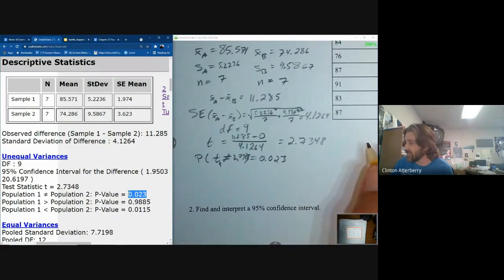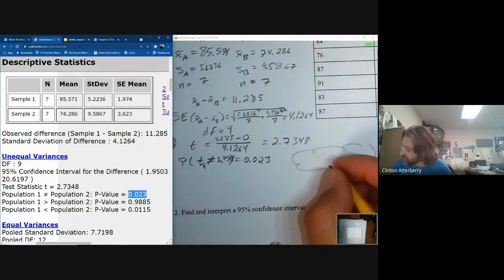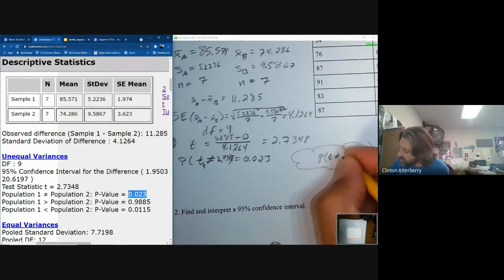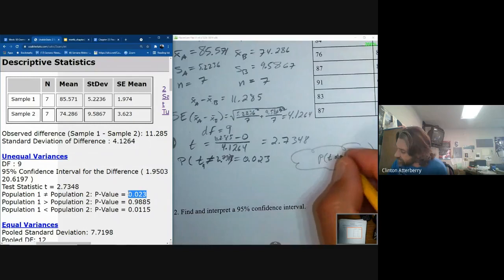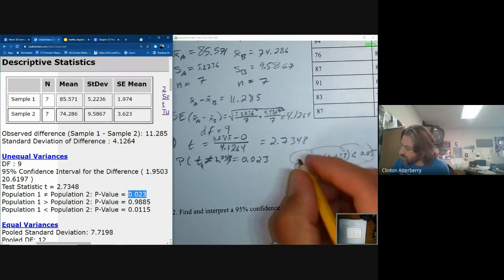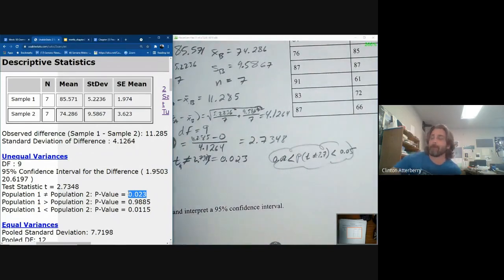But I'm going to make a little note here that even if we couldn't calculate it perfectly with this calculator, we could still estimate that the probability of our t-score not equal to that 2.7 is going to be less than 0.05 but greater than 0.02. So we know it's in between that interval, between 0.02 and 0.05.